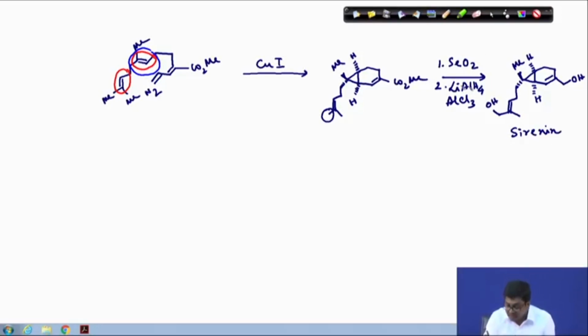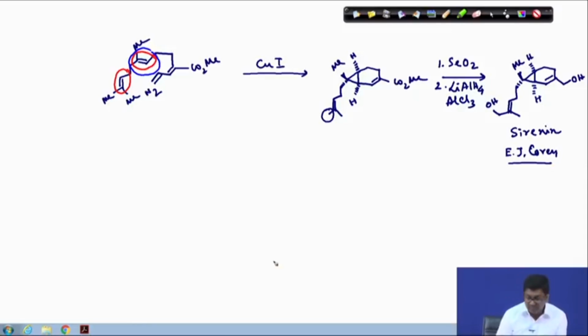So, here selenium dioxide mediated allylic oxidation followed by reduction in presence of lithium aluminum hydride gives this natural product cyrenene. This has been done by Professor E. J. Corey. Okay. So, this is one beautiful example where this cyclopropane synthesis via the addition of these metallocarbenes to the olefin leads to the natural product.